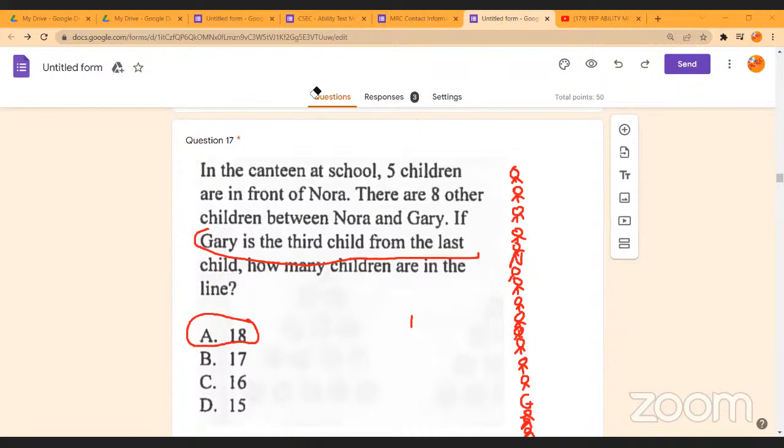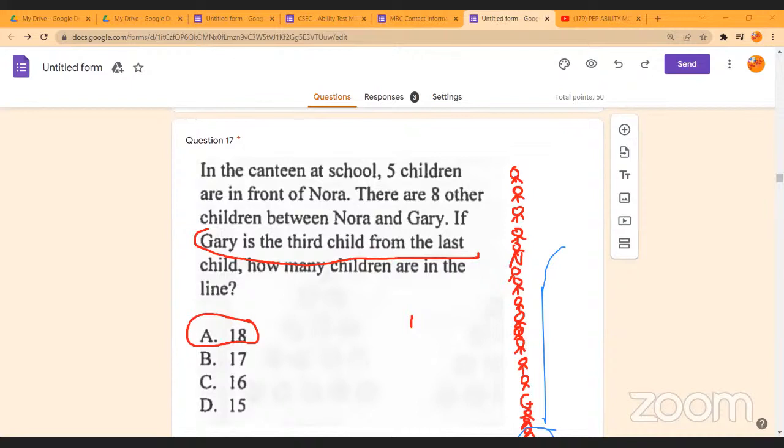So I'm going to mark these children: that child right there would be the last child, and Gary is 1, 2, 3rd from the last child. So that's the reason why Gary's in 4th place. Absolutely amazing.